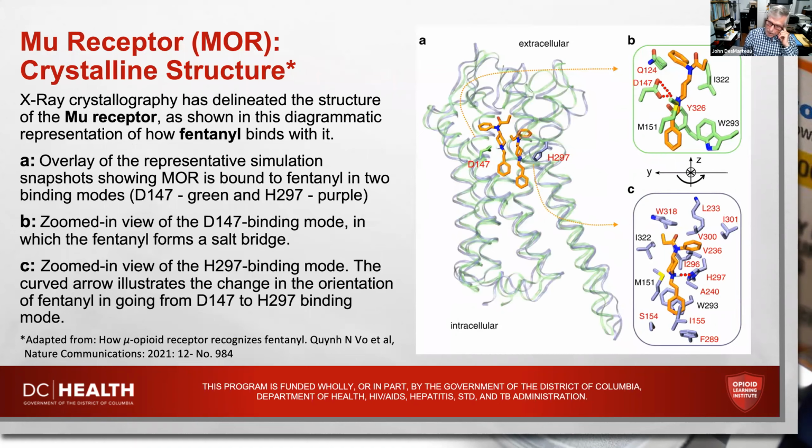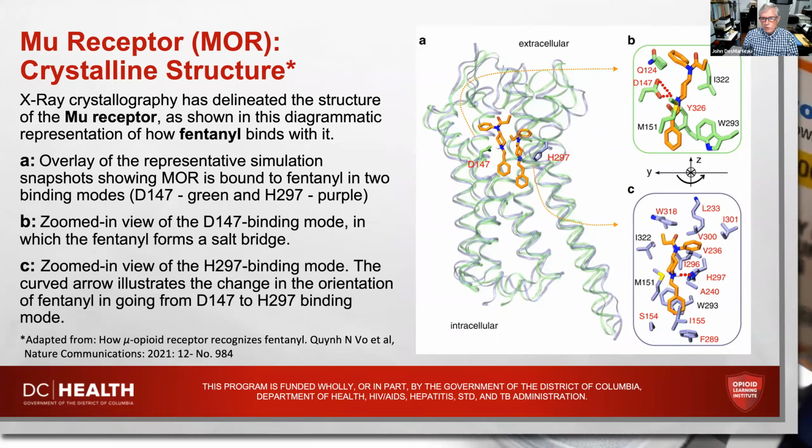Now, just to show you how we have progressed in our understanding of this system, this is a representation of the crystalline structure. Proteins have crystalline structure. And so they used X-ray crystallography, and they've been able to actually delineate the structure of the receptor.